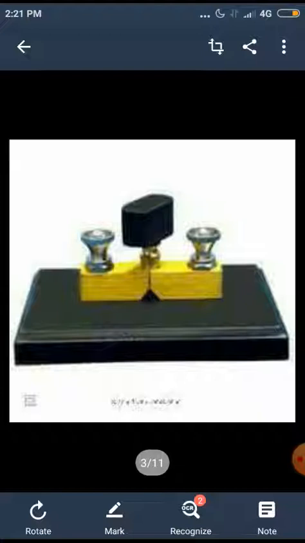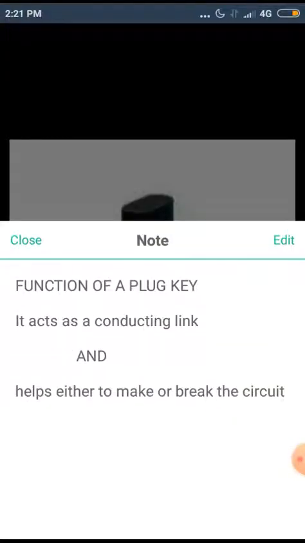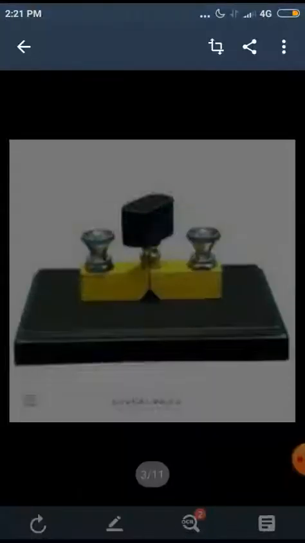When you insert the plug key, the circuit will be closed, and when you remove it, the circuit will be open. So once again, let's know what is the main function of a plug key. It will act as a conducting link and helps either to make a circuit or break a circuit.